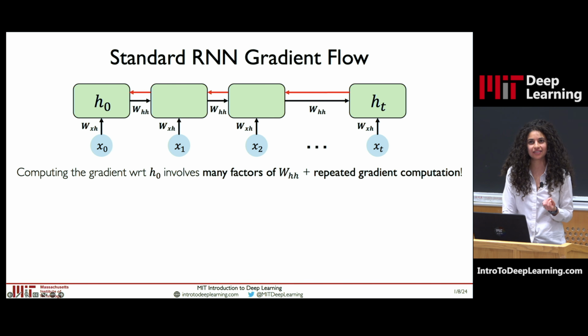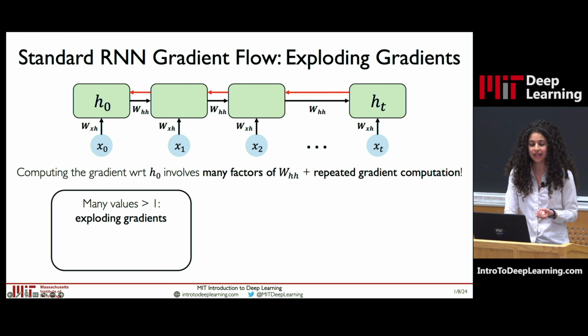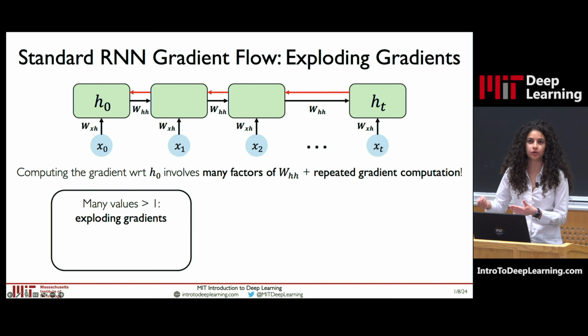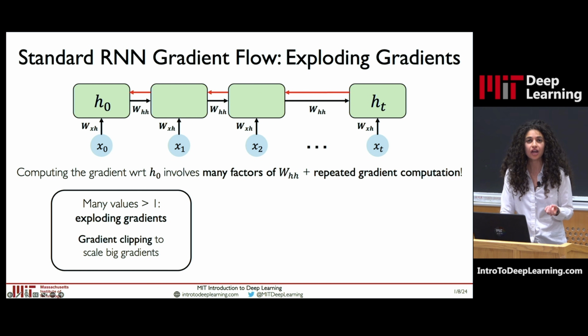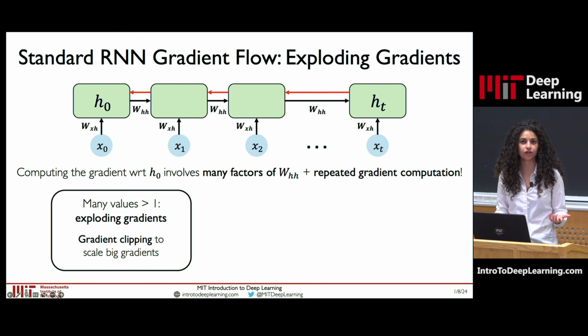And the reason that this can be very problematic is that this repeated computation, if those values are very large and you multiply or take the derivative with respect to those values in a repeated fashion, you can get gradients that actually grow excessively large and grow uncontrollably and explode, such that the network learning is not really tractable.